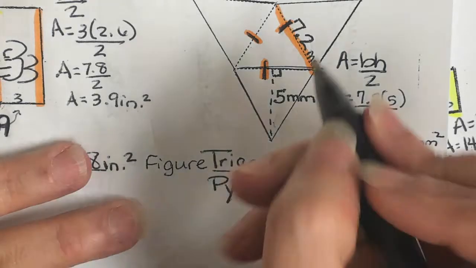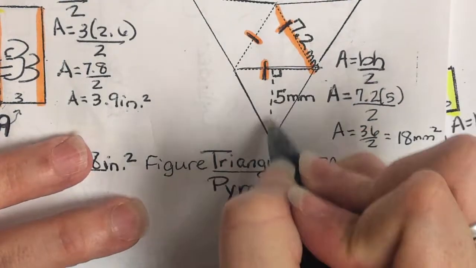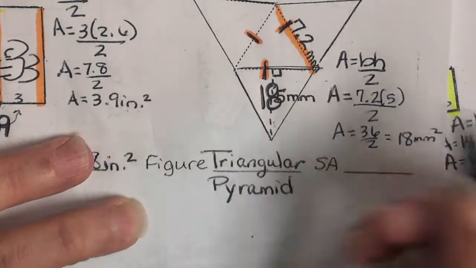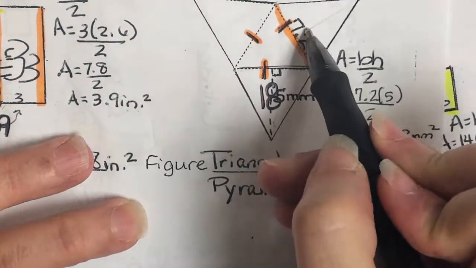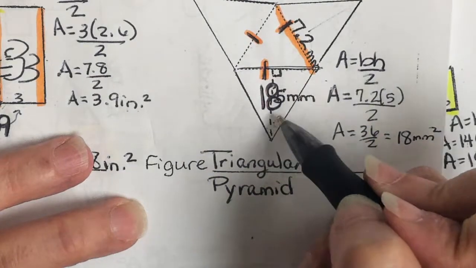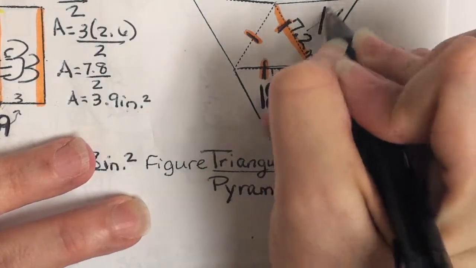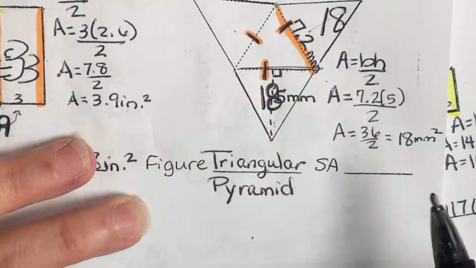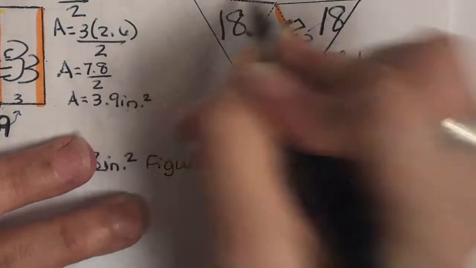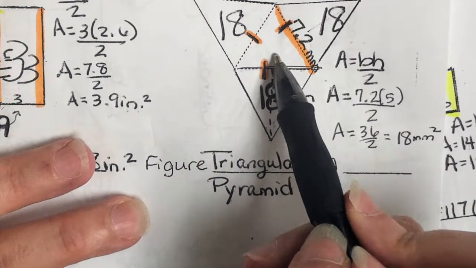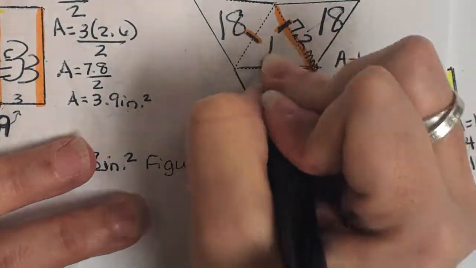Okay, the triangle, like you said, this is the height, right? And that's the base. So we know this one's 18. Does this one have the same height? If it's a pyramid? Yes. What about that one? Yes. And listen, if these are all the same going around, that means that middle one is also 18.